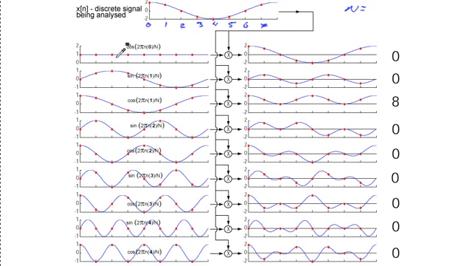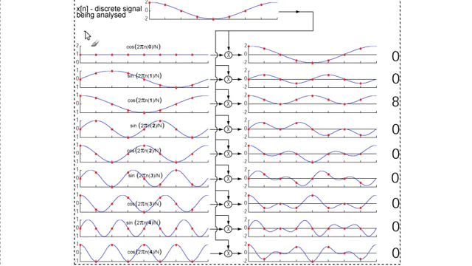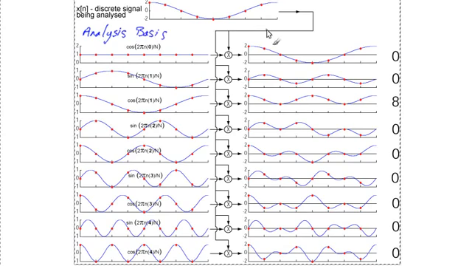Now this is just a visual representation of what the DFT is doing. Over here I have what I call my analysis basis functions. You can see that they're all the sinusoids that I mentioned previously when I talked about the formula.